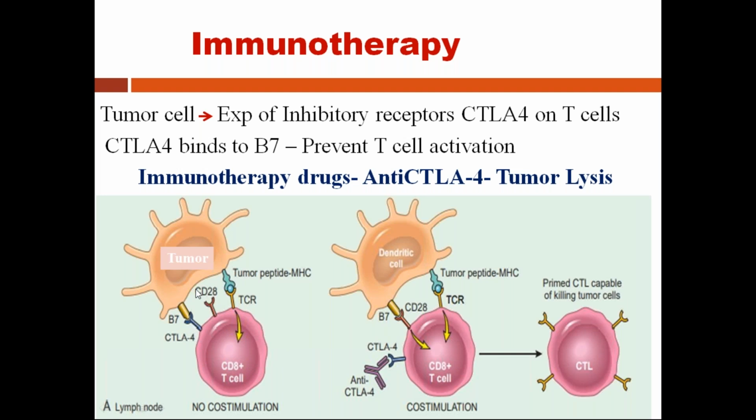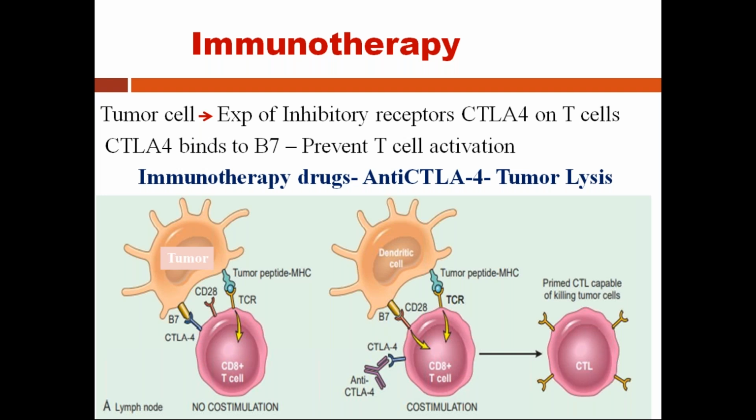So CD28 does not get bound to this B7. Only if it gets bound to the B7, the activation of CD28 along with the activation of TCR is needed for the PI3K pathway to get activated.